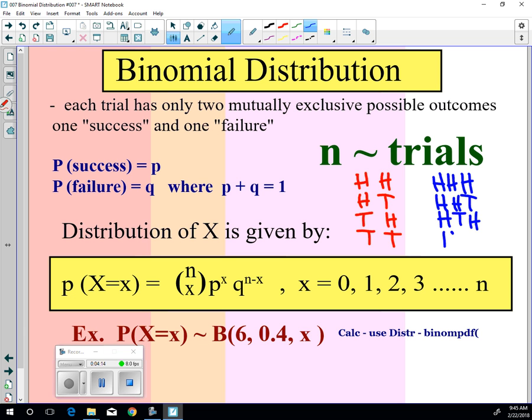Then you can go head, tail, tail, and then tail, tail, tail, tail, tail, head, tail, head, tail, and tail, head, head, and any other ones? Eight, yeah, okay. So what are the chances of getting one of those as a head? There's this one, and this one. Yep, 3 out of 8.